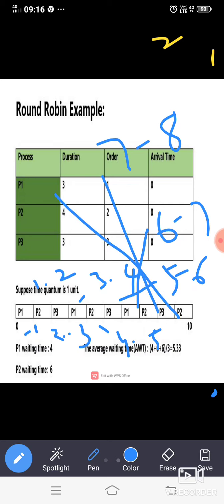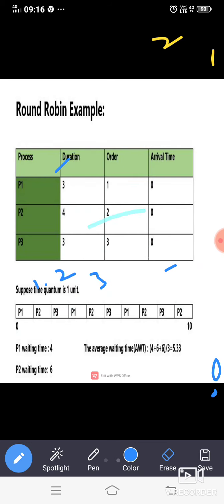So again this P3 8 to 9, again this P2 9 to 10. So this is the way how they have been executed.